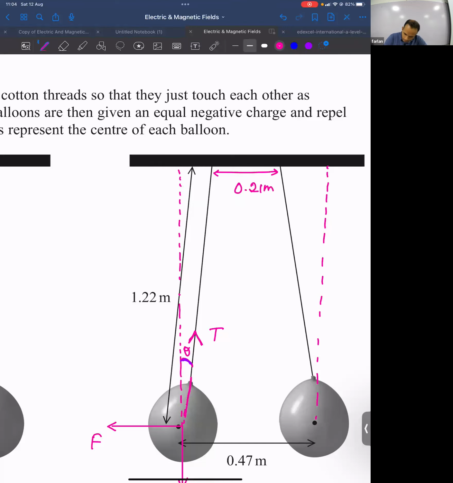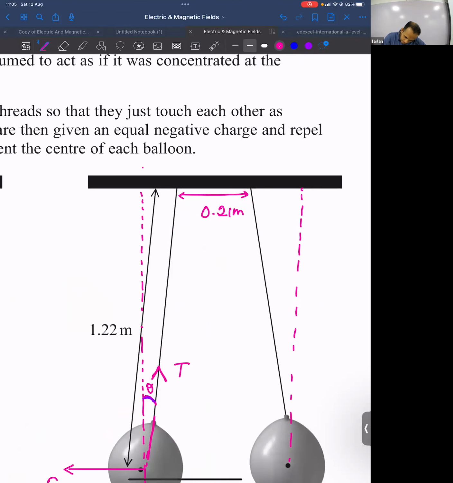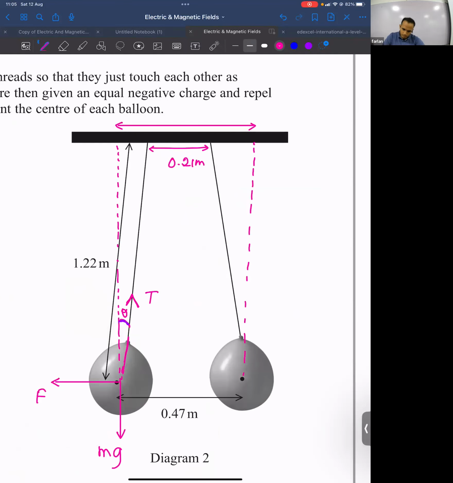Don't write, listen to me. Also, the distance from here to here is given in the diagram as 0.47 meters.